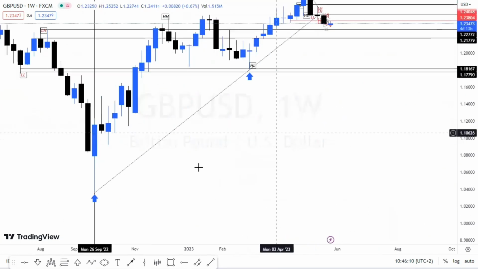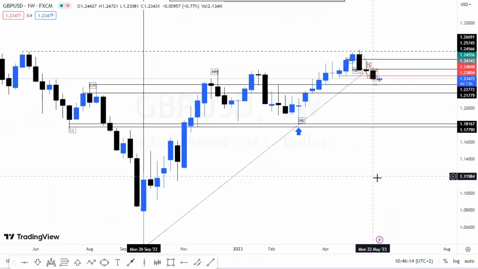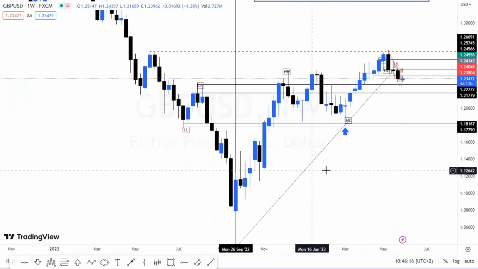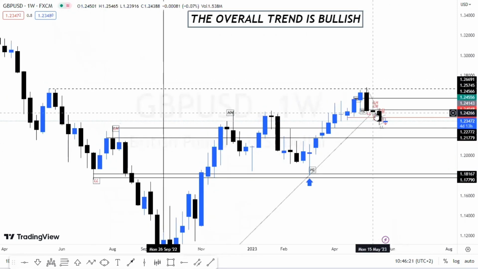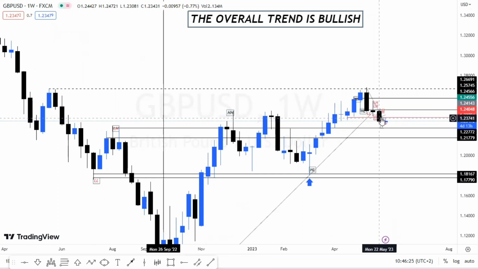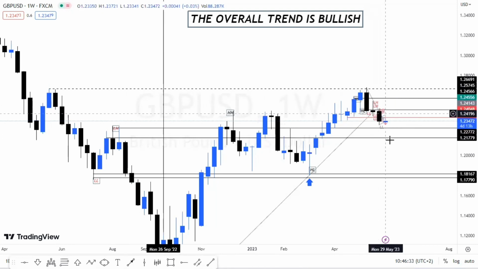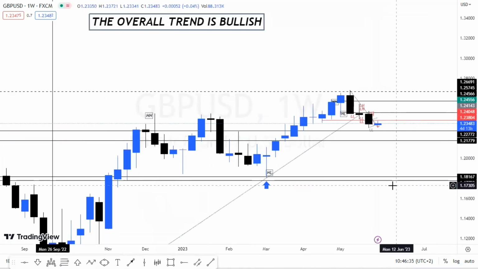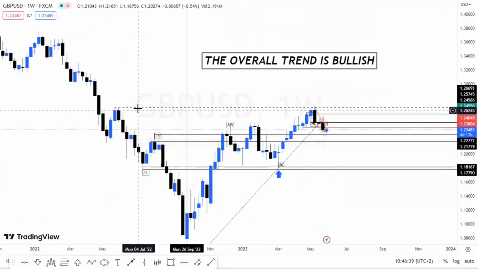So on the weekly, as we can see, we have our first touch here, second touch, third touch. The overall trend line has been broken, and this candle looks healthy, so I doubt this is going to be a fake out. The market seems to have broken to the downside now, so we must establish where the price is trying to go.